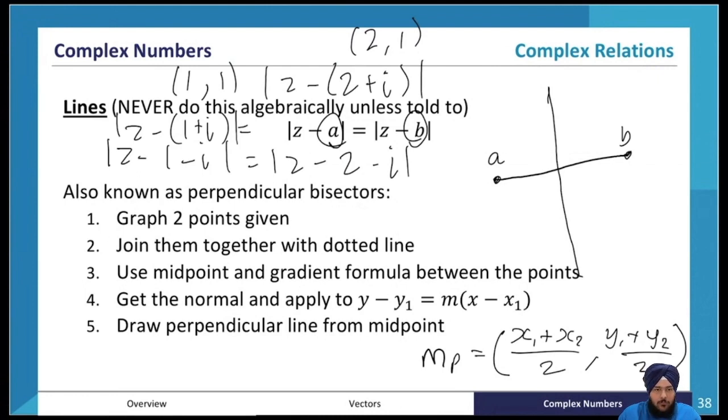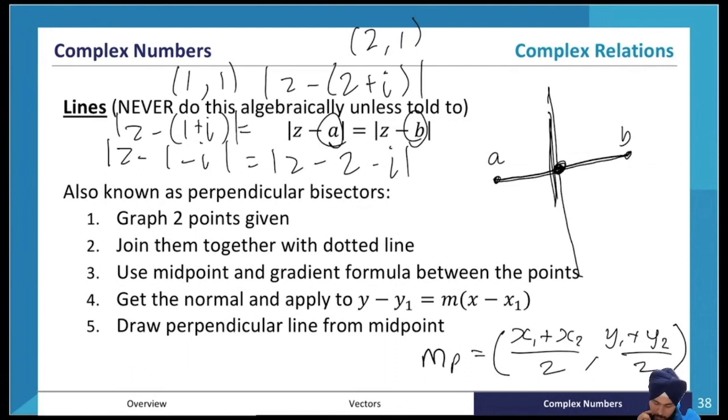And then we find the gradient. And the gradient, pretty straightforward, y2 minus y1 over x2 minus x1. That will find you, so the midpoint that we'll find is this midpoint over here. And the gradient that it will find you is this gradient over here. But we're not trying to find that line. We're trying to find this line over here.